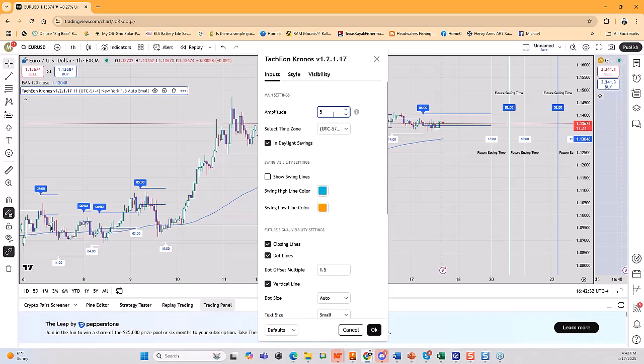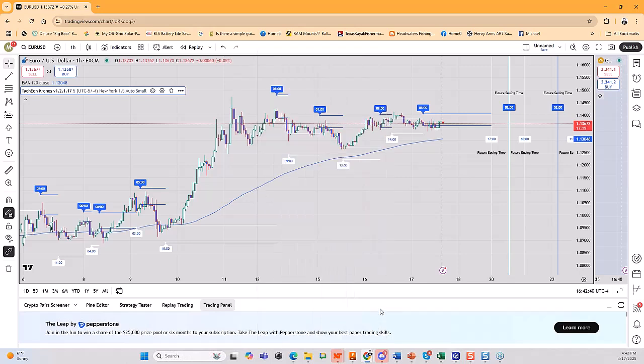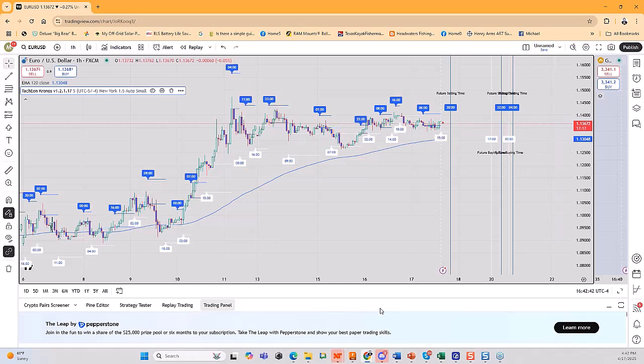If you make that number smaller, the default is 11, which seems to work well across a large swath of instruments. But the smaller you make that number, the smaller the moves that the program is looking for historically, the little pivots over time.